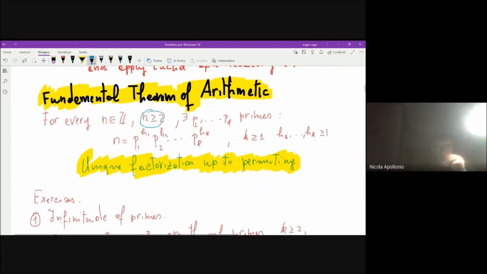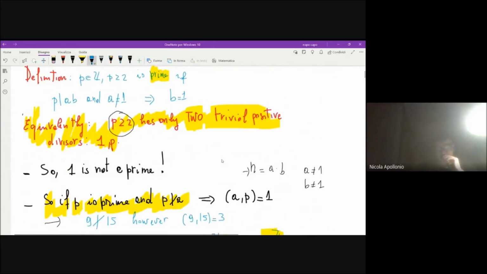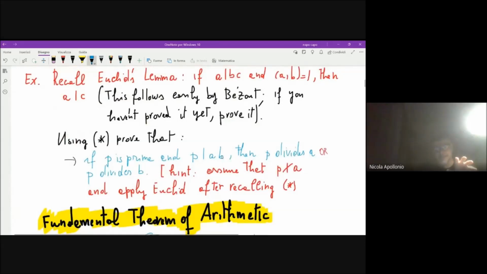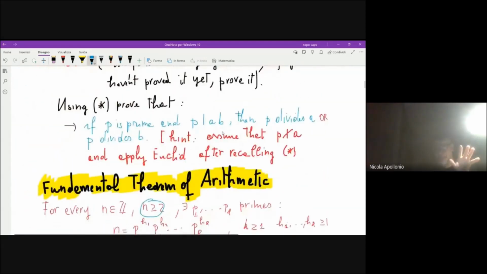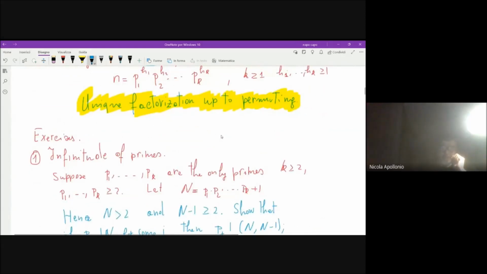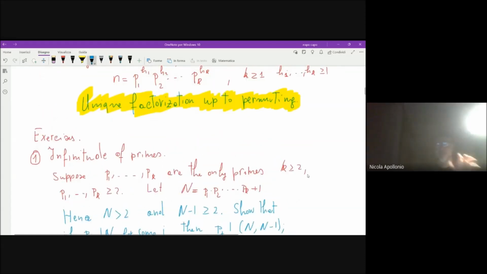Now, with this, we can content ourselves with these few notions about primes, but let me say something more, which is mostly up to you.